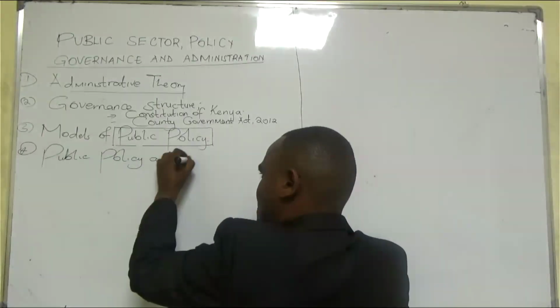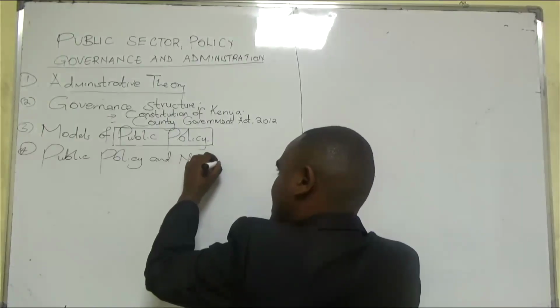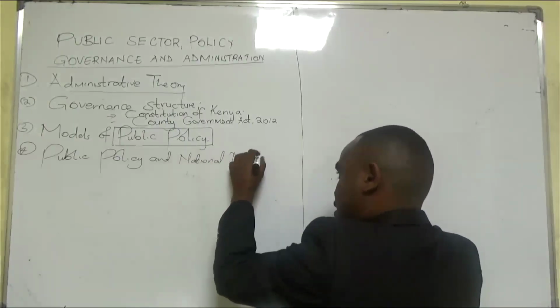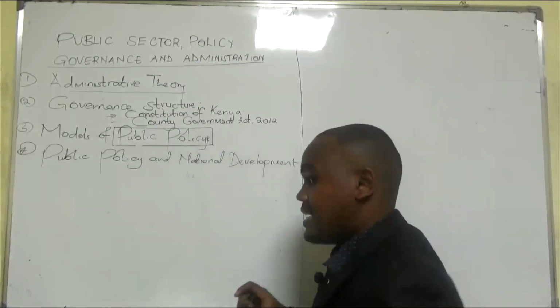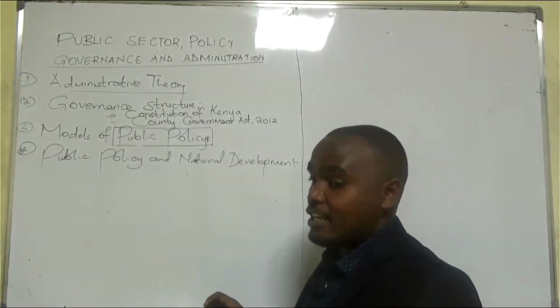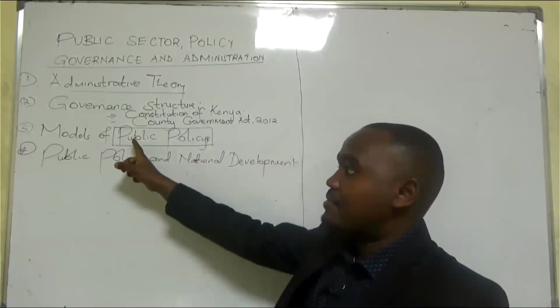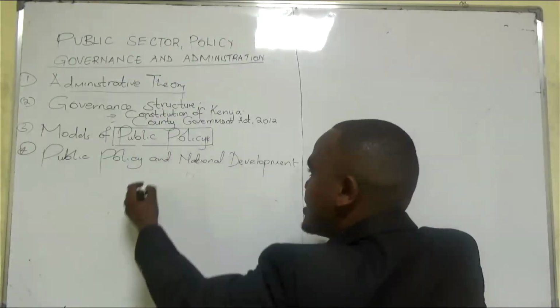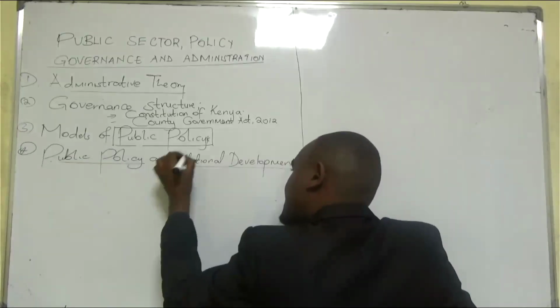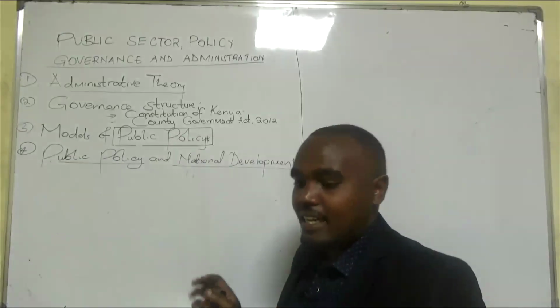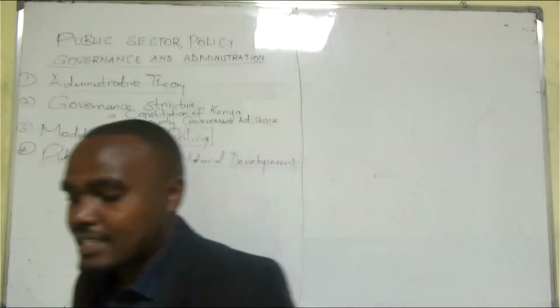What do you mean by public policy and national development? If we have known the meaning of public policy, that it is the action that the government takes to solve the issues affecting the citizens, now we will be asking ourselves, what is the impact of the public policy on the national development? That is what the examiner asked in the recent sitting.